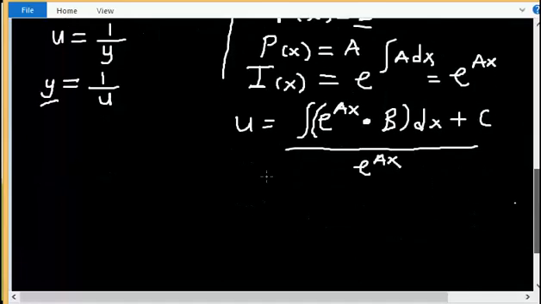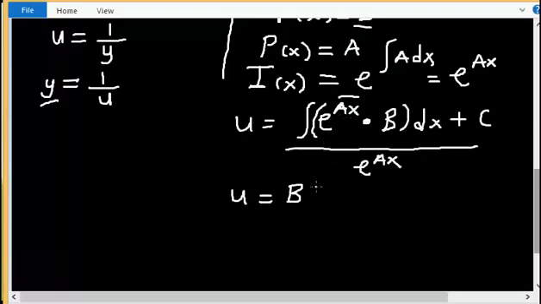Okay, so now let's solve. Since b is a constant, I can take it outside the integral. What I'm integrating here now is exponent of ax. Remember, here ax is a function, so it's a function of a function. If you have gone through my tutorial on integration of a function of a linear function, the first thing you need to do is differentiate ax.